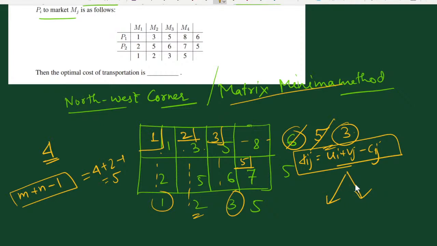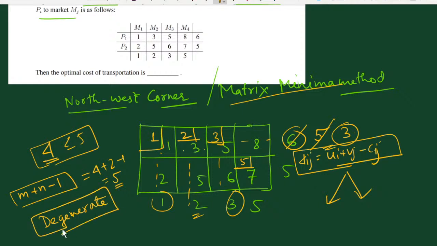If we check, all delta ij are greater than or equal to 0, and 4 is less than 5. Therefore this transportation problem has a degenerate solution. Now we just find the cost of this matrix. This is a very easy problem.